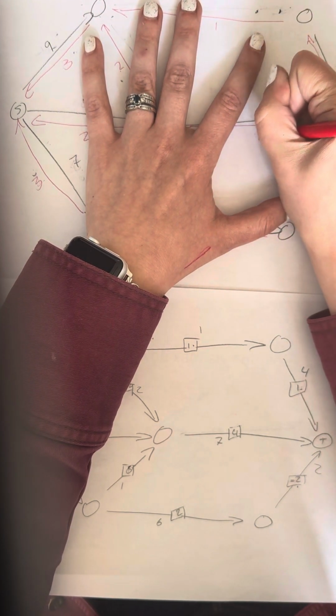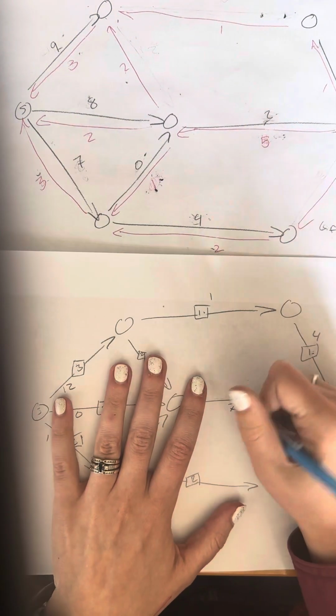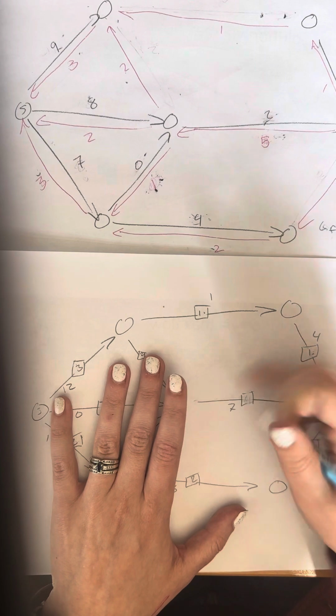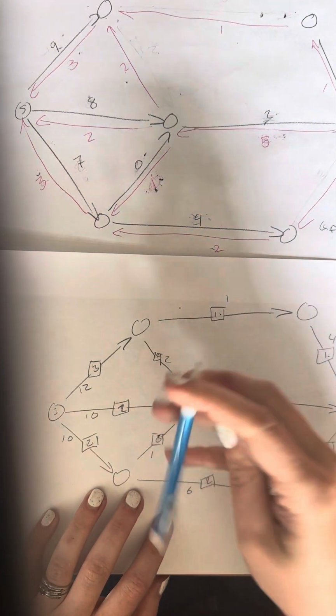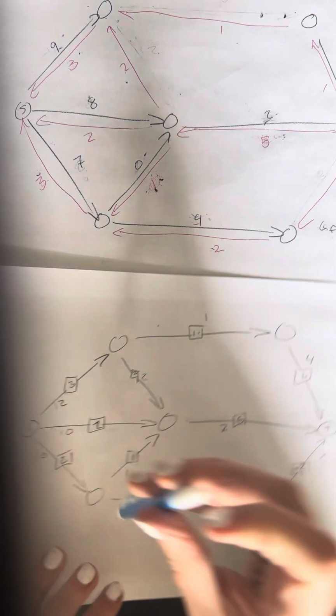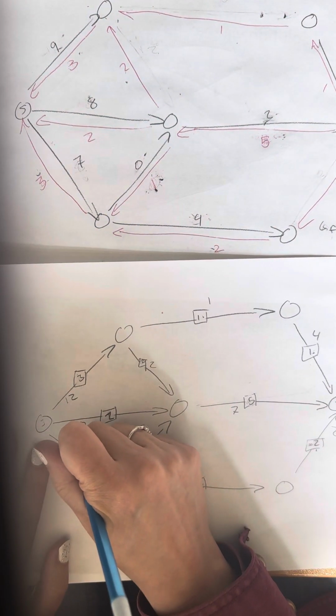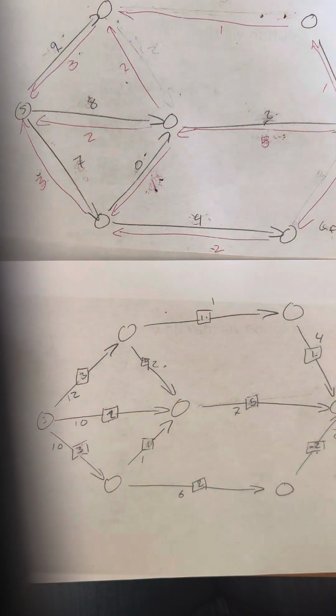So if you use a black arrow, you take it from the black arrow number. If you use a red arrow, you take it from the red number, and you give it to the other side. So that becomes 5 here, this becomes 1 here, and this becomes 3 there.